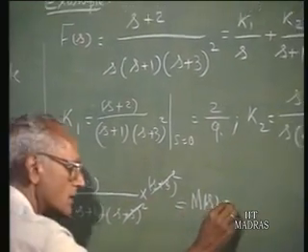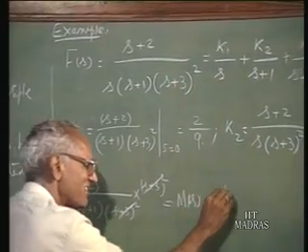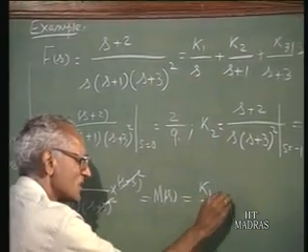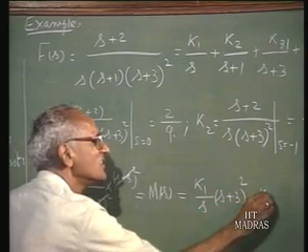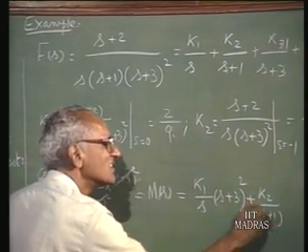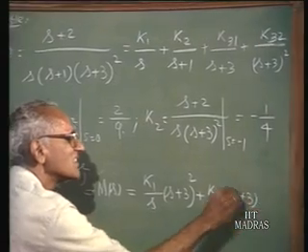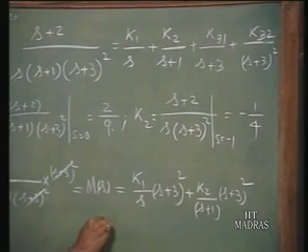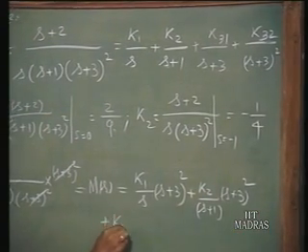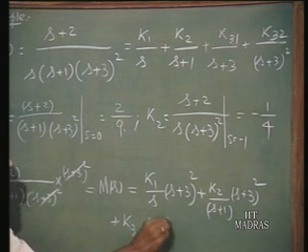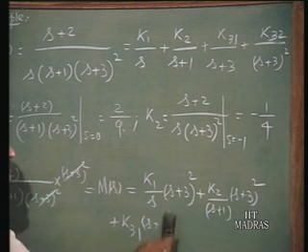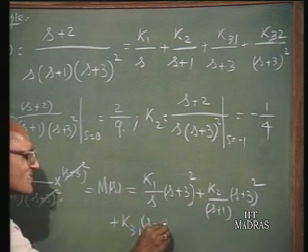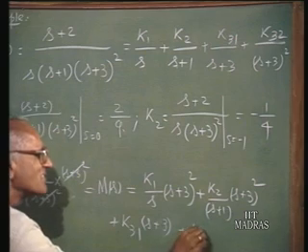On the other side, you have K1 over s times s plus 3 whole squared, plus K2 over s plus 1 times s plus 3 whole squared, plus K31 times s plus 3, plus K32.